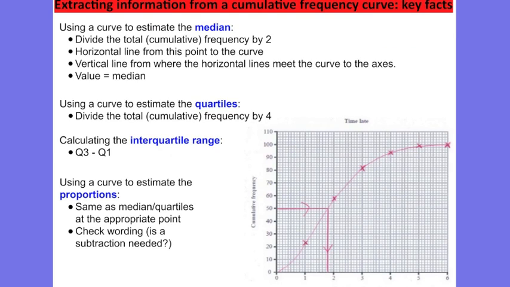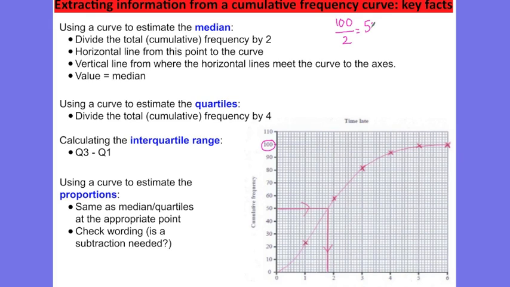Extracting information from a cumulative frequency curve. You need to be able to use your curve to estimate a number of different points. The first key point is the median, the middle point. Using this example, we have a cumulative frequency total of 100. This is our final point here. To find the median, we take the total of the cumulative frequency and divide by 2.